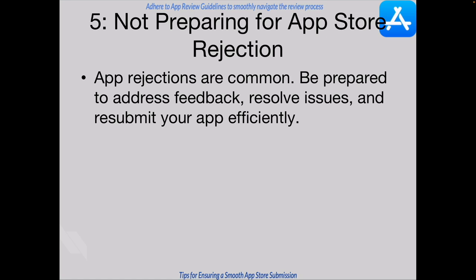Sometimes the app is rejected only because of some missing information. In that case, you just have to provide that information and ask for the review again. In that situation, we do not have to upload a new build.